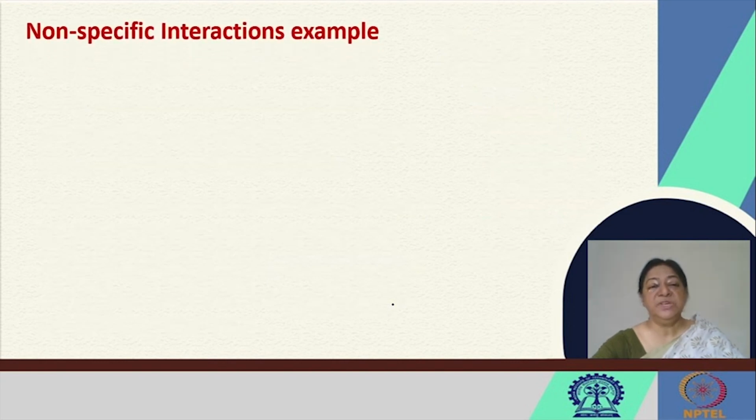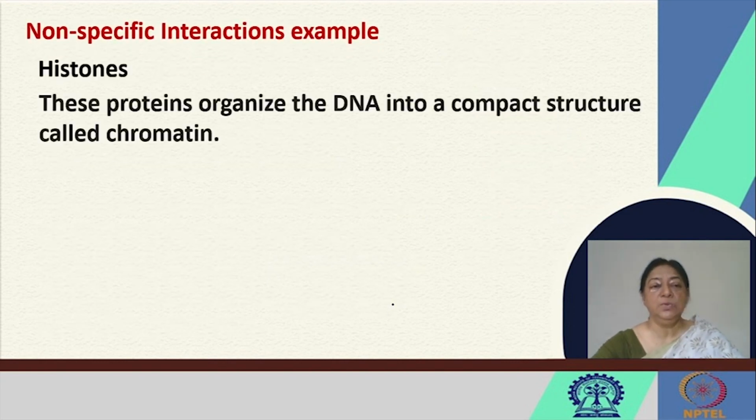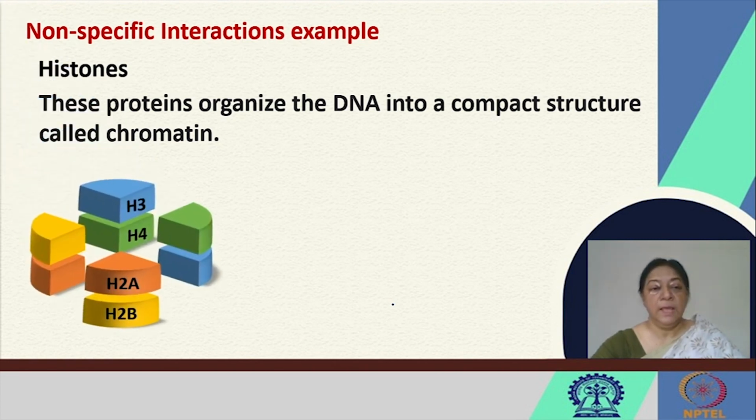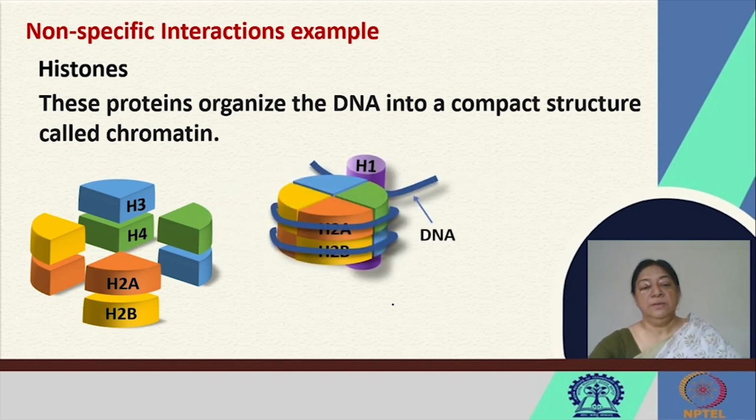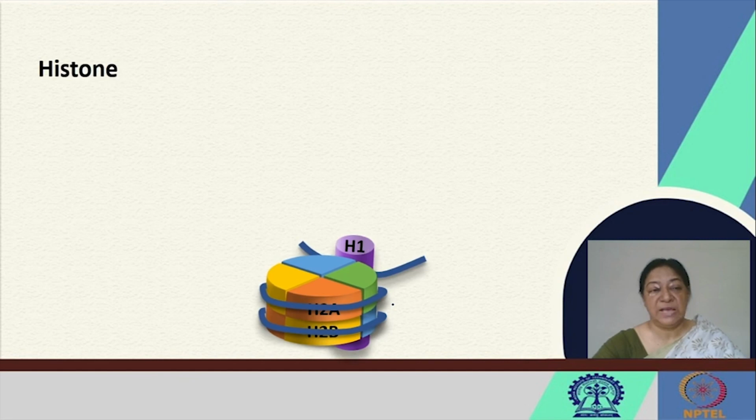The non-specific interaction examples include the histones. These proteins organize the DNA into a compact structure that is called the chromatin. These are the histones that have specific structural aspects.